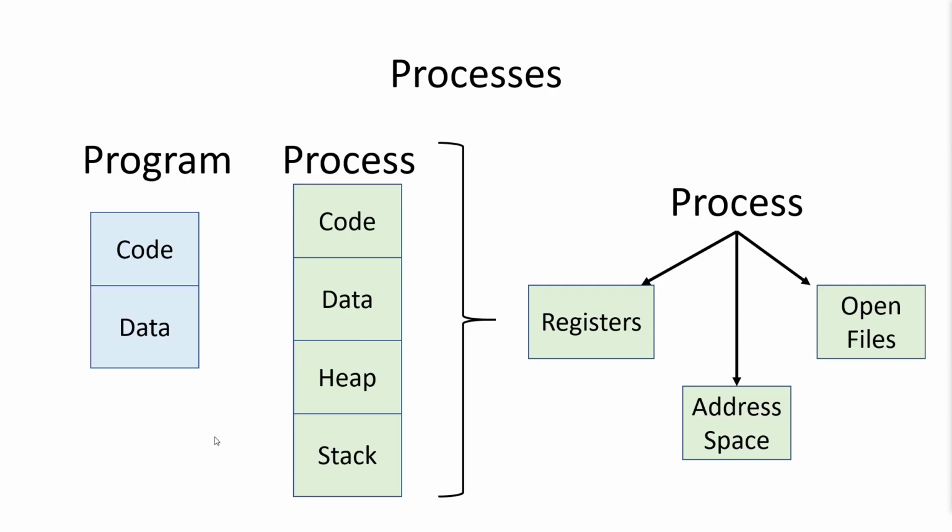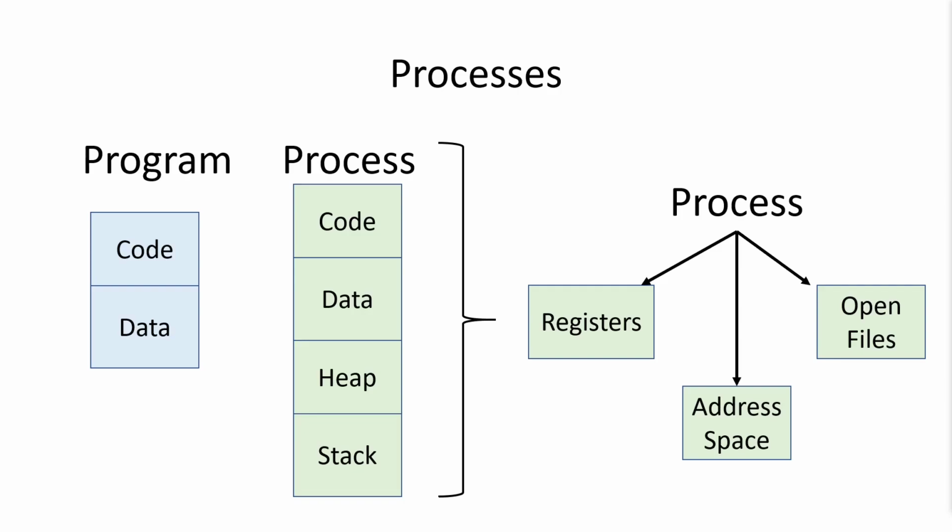Okay, so once it becomes a process, it's running, the CPU is executing its instructions. It's a living entity. The stack and the heap are going to grow and shrink, and we'll move through the instructions. So what we need to do is keep track of all of the resources that processes use, because when I switch from one process to another, I'll need to know what's going on with all these things. I'll need to store this information so that the next process can use the registers and use the address space.